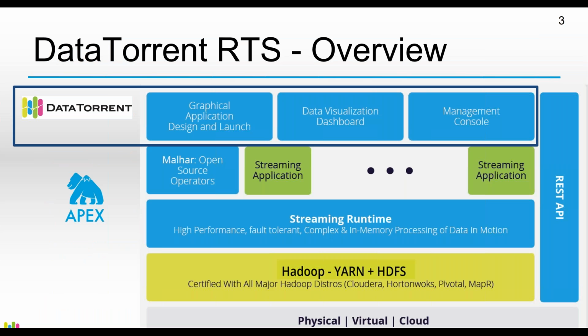So moving forward, if my screen is visible to everyone, this is an overview of DataTorrent RTS. If we look at the entire stack, starting from the bottom, we really don't define what kind of environment you should have.